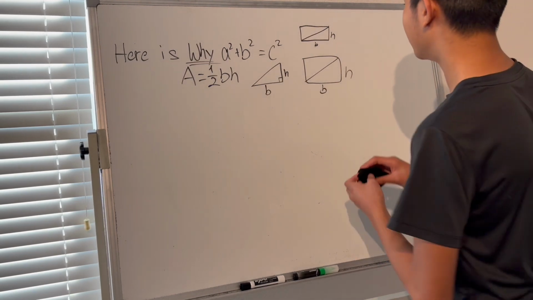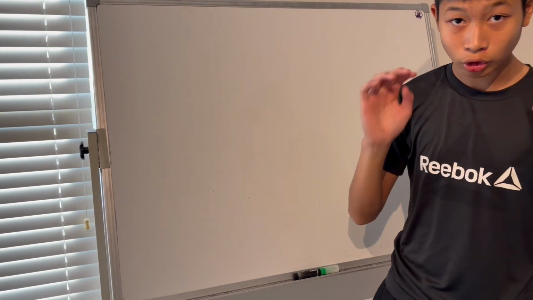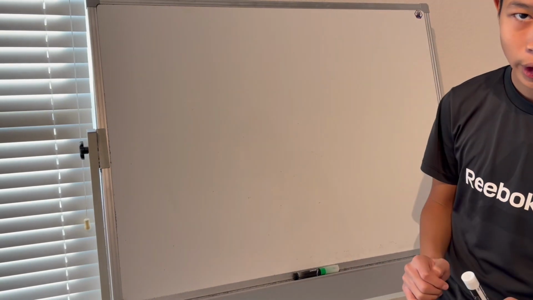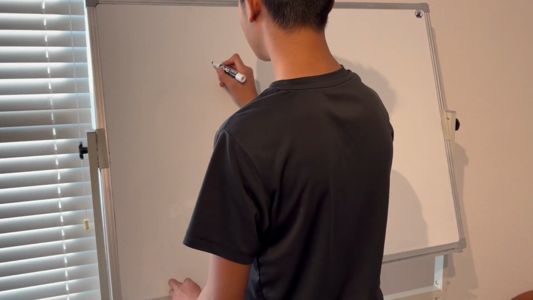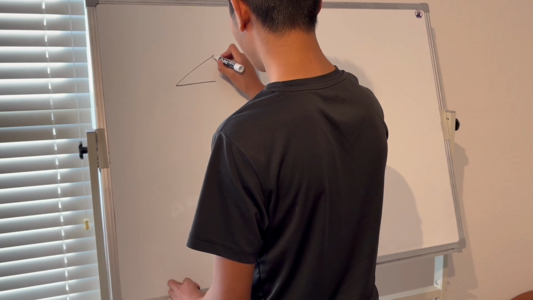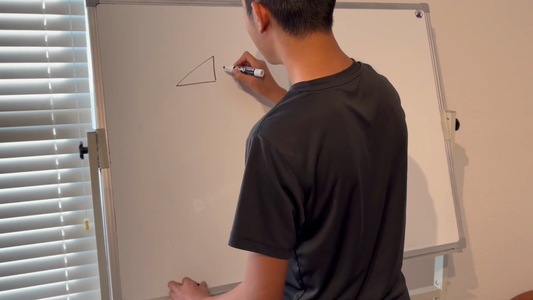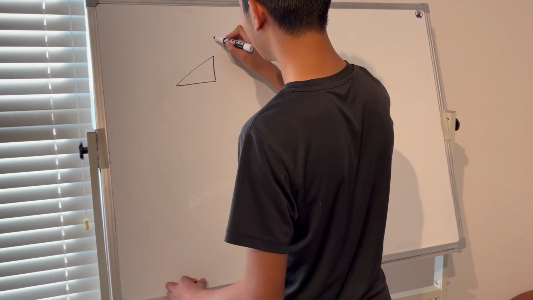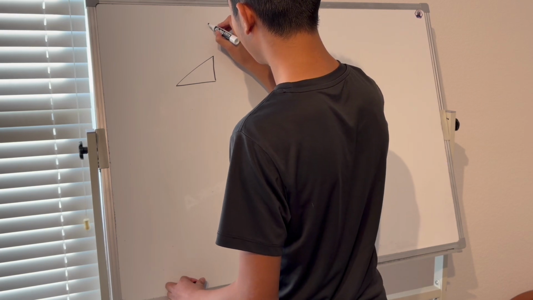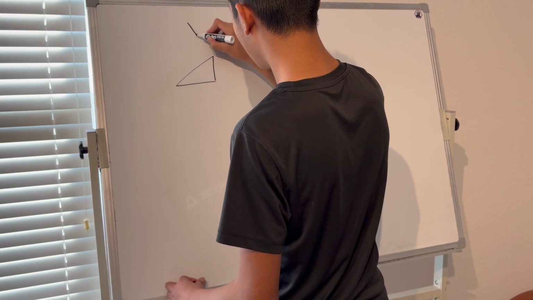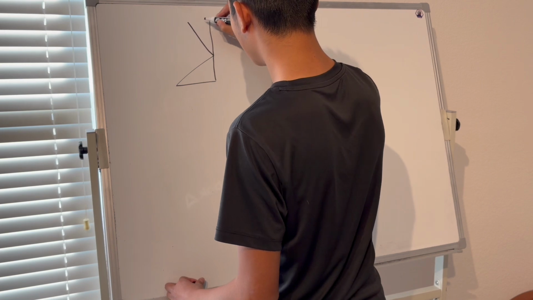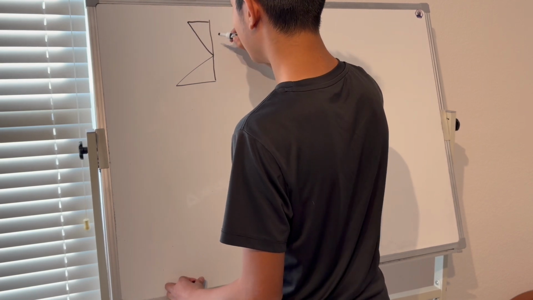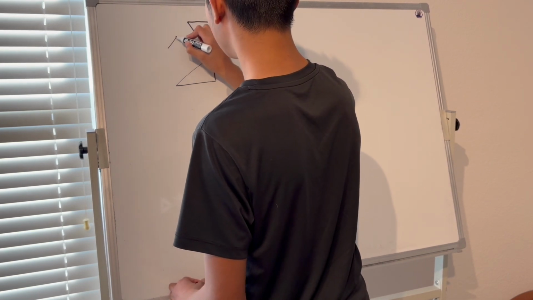Well, here's why. Let's start by drawing 4 triangles. This is the first one. We're going to draw a right triangle. And the second one, we're going to draw like this. Then it's going to be like this.